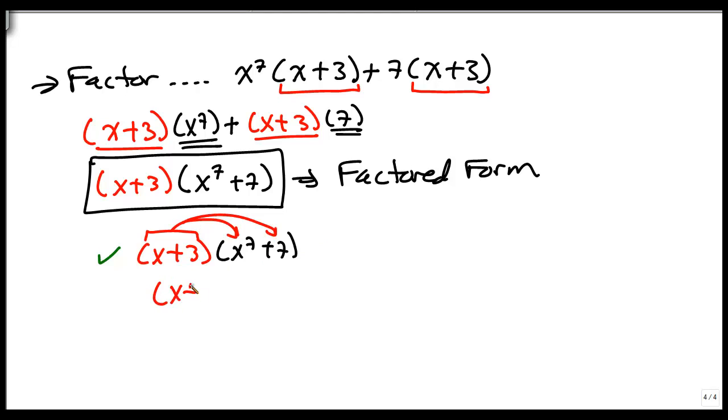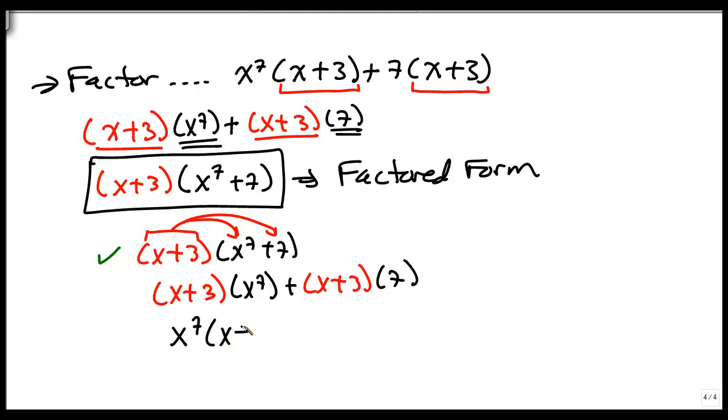So I have x plus 3 times x to the 7th plus x plus 3 times 7. Okay, and that matches what we have up here, because remember, order doesn't matter when you multiply. 2 times 3 is the same as 3 times 2. So I can rewrite this, x to the 7th times x plus 3 plus 7 times x plus 3. And I get exactly what I started with, so this checks.